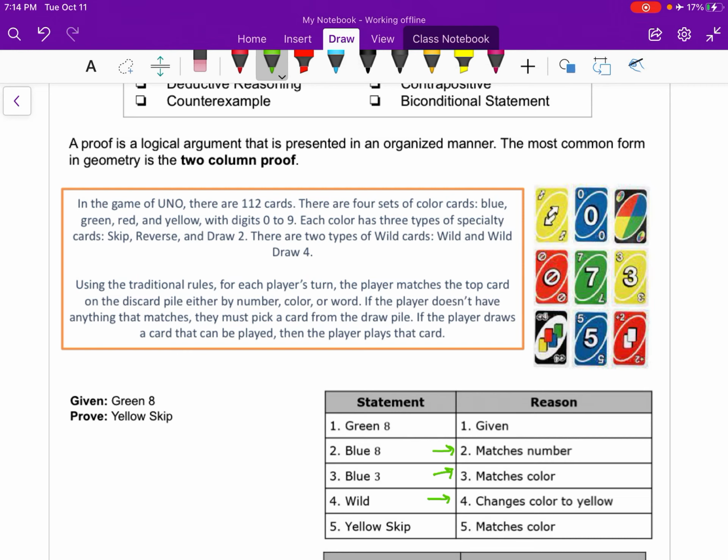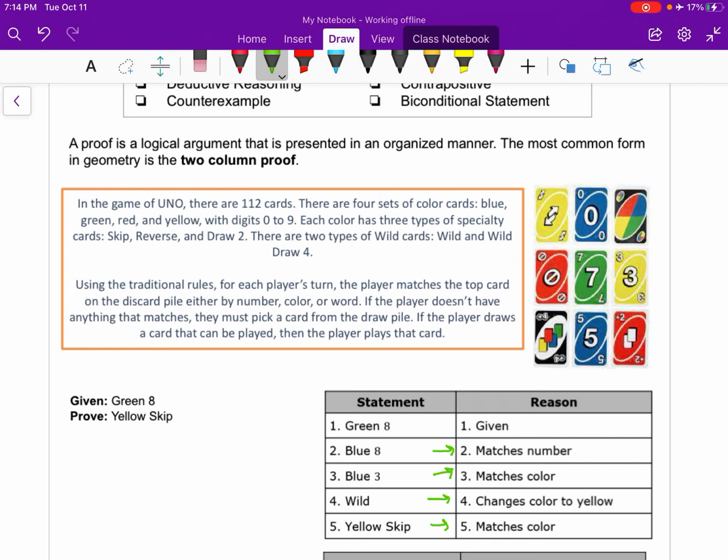This means that the next person must play a yellow card in order for the game to continue. And you'll see in statement number 5 that the next person played a yellow skip card. And this is perfectly reasonable because a yellow skip card matches the color of the wild card that we chose.